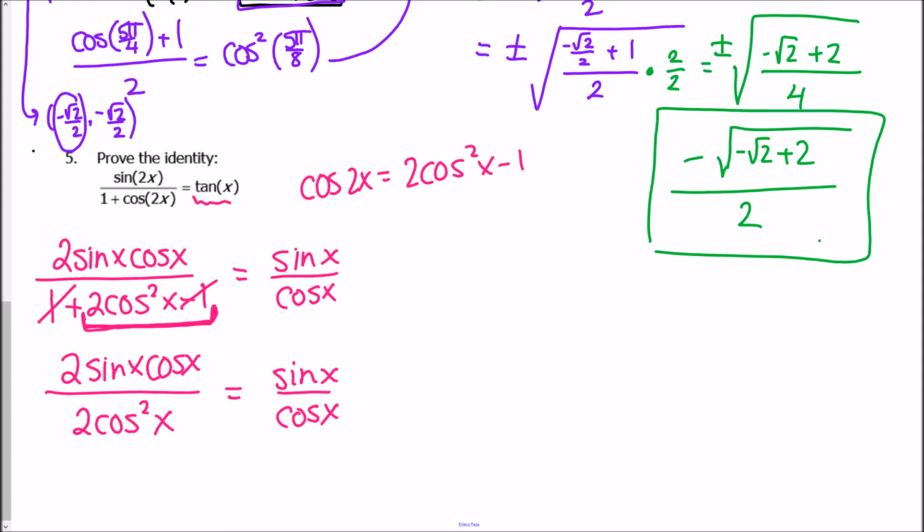Okay, so now that I've done that, I'm going to cancel out my 2's right here, and I also will see that one of these cosines will cancel out with this cosine. So I'm left over with sine of x over cosine of x is equal to sine of x over cosine of x, and I've proven my identity.